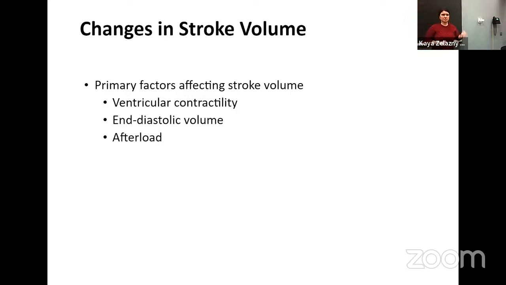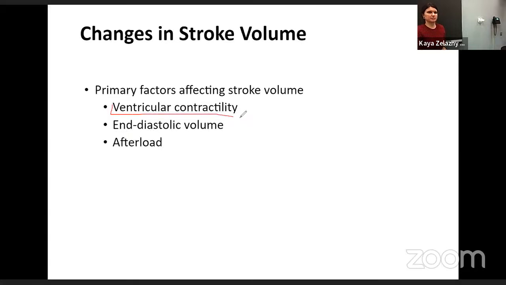So the main factors that we're going to be thinking about when we're thinking about stroke volume is how hard those ventricles are contracting, ventricular contractility. And this is the biggest thing that we want to focus on, the contractility of the ventricles. These other two factors are kind of related to this.